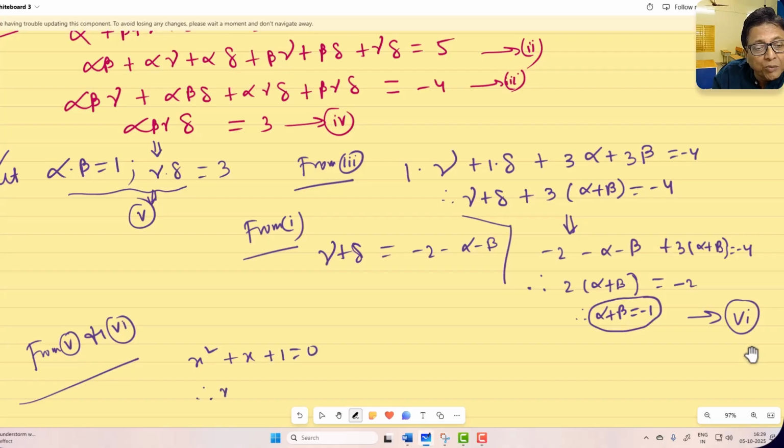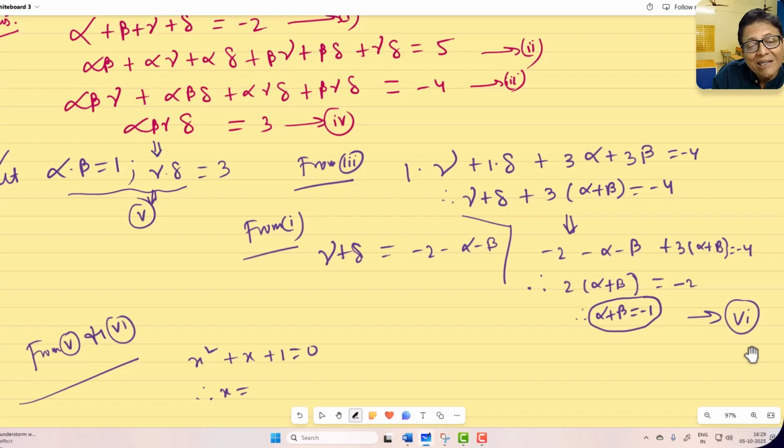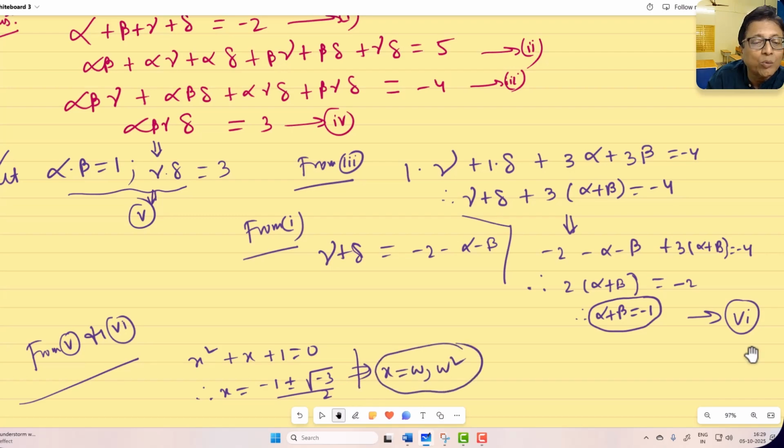So the solution is going to be x equal to minus 1 plus minus. I hope you all recognize this. This is going to be x equal to omega and omega square. Okay.